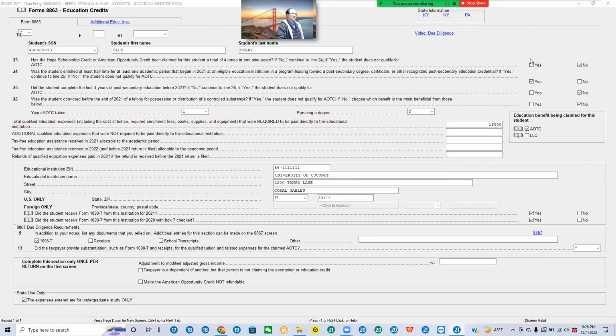So you answer on the top, there are 4 questions. The first question is, has it already been taken 4 times? If yes, you won't be able to take the opportunity credit. You're going to take the lifetime credit, which is less. In this situation, no. And then number 2, was that at least half time?